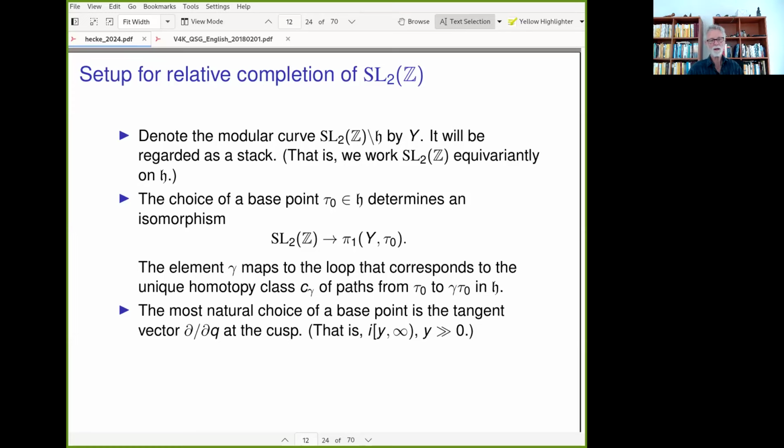If this is unfamiliar, you should think of it this way: if you map the upper half plane to the q disk, the imaginary axis goes to the positive real axis, and the closer you get to infinity, the closer you get to the origin of the q disk. So you can think about this tangent vector as being the germ at infinity of the interval from iy up to i infinity.